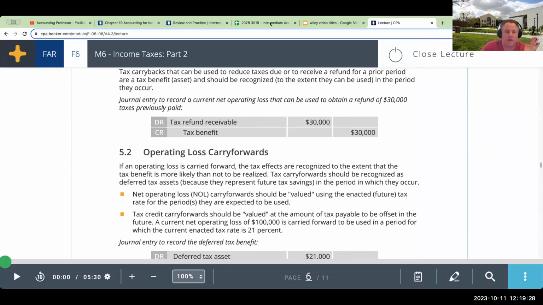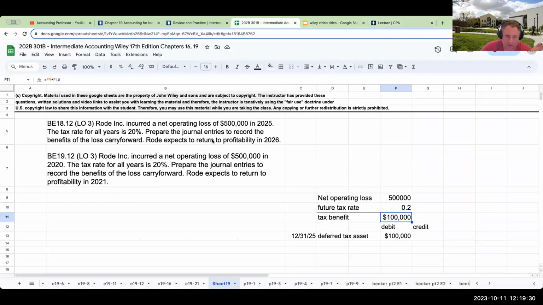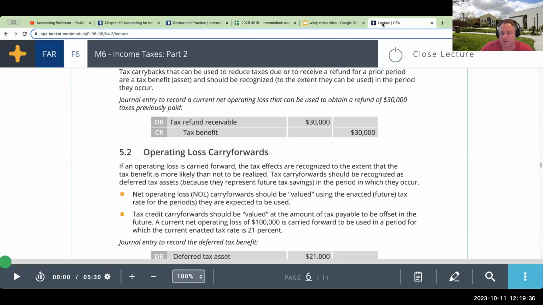In this situation, they expect to return to profitability, so there's a positive expectation. It says the net operating loss carryforward should be valued using the enacted future tax rate for the periods they're expected to be used.